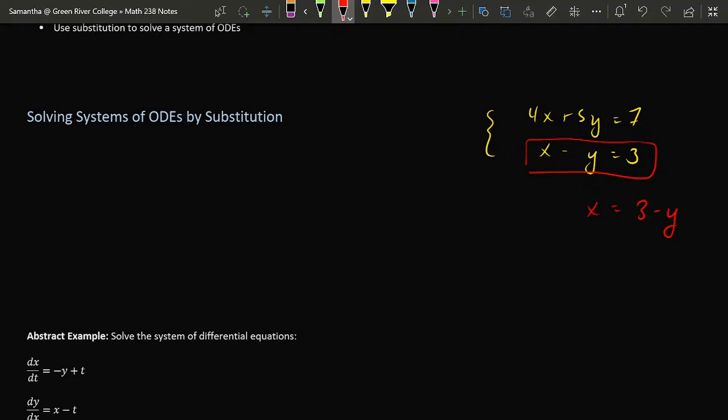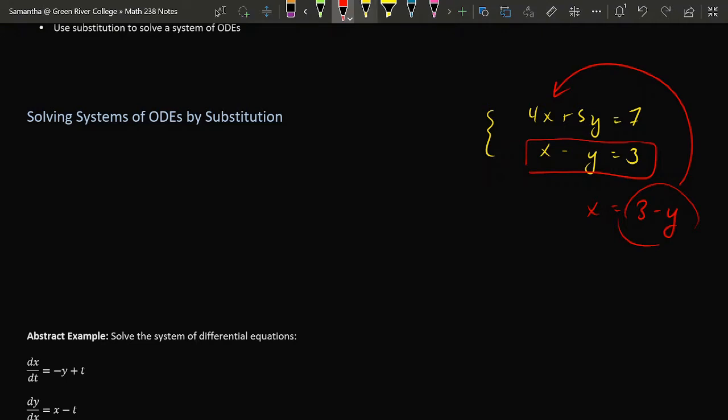You could alternatively isolate y and express y in terms of something that contained only x. When you did that, you unlocked the ability to substitute that expression into whichever equation you had not yet used, to transform that equation into something that contained only one variable, only y in this case.